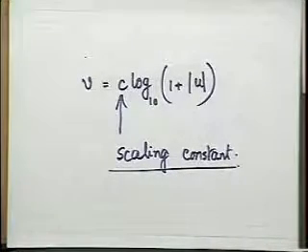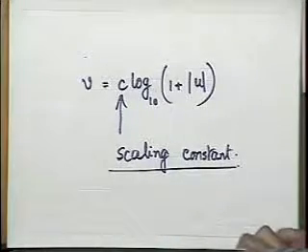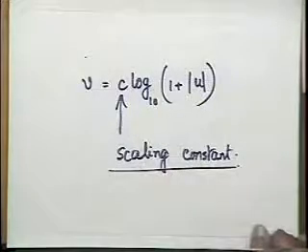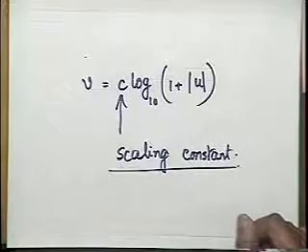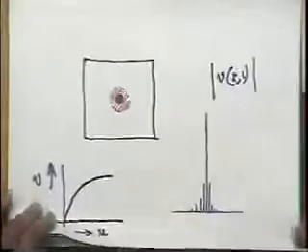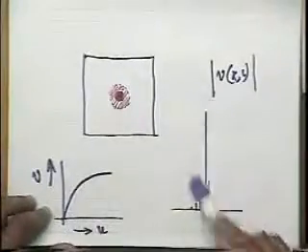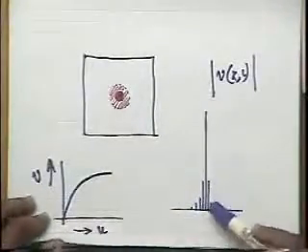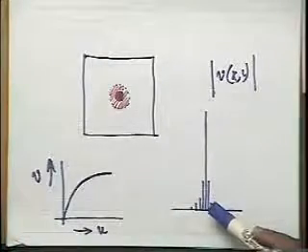All right. Now, this kind of a transformation you can think of using where some intensity values are very high as compared to others, just to bring the level down.